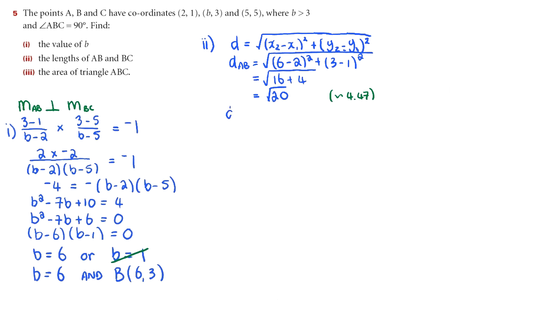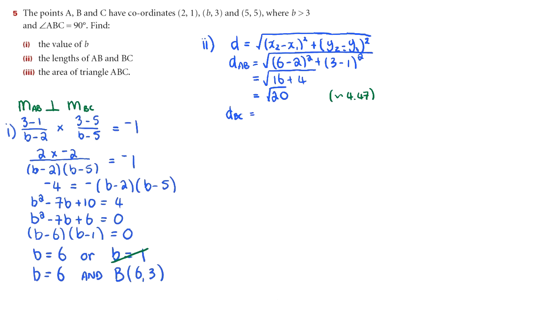To find the distance BC, we're doing exactly the same thing. In this formula, it doesn't matter which point you put first, because when we subtract, either way, you'd either end up with positive or negative. But the squaring makes the answer positive, so it doesn't matter at all which one we put first.